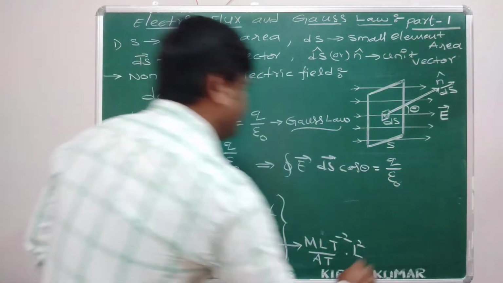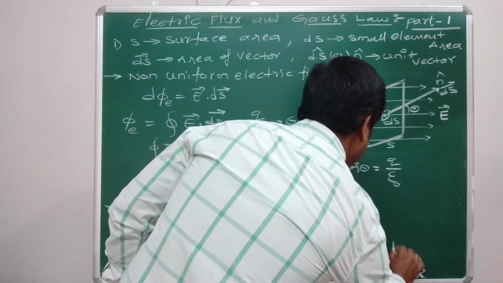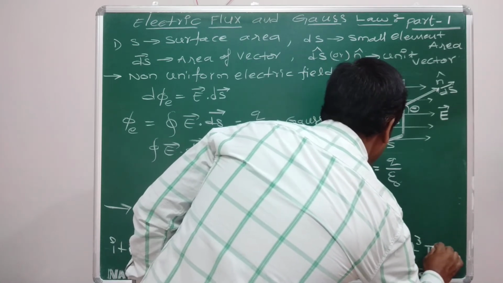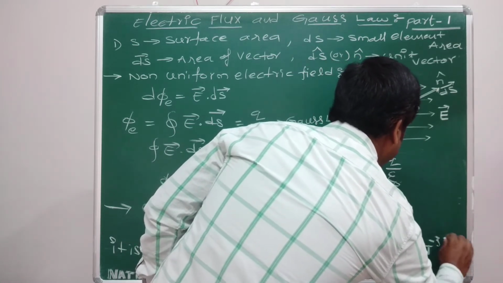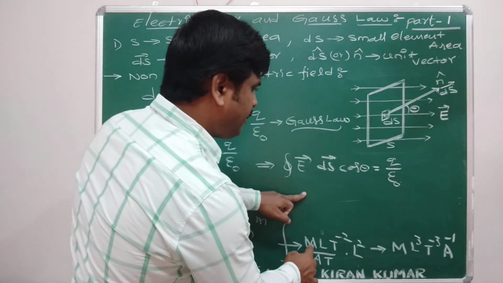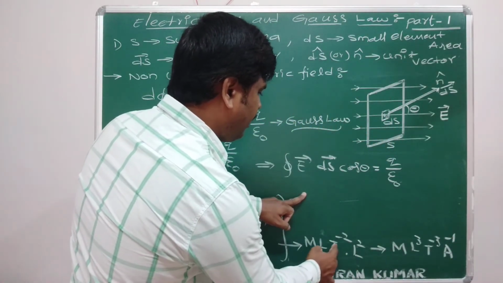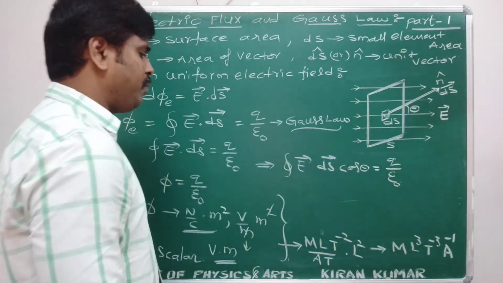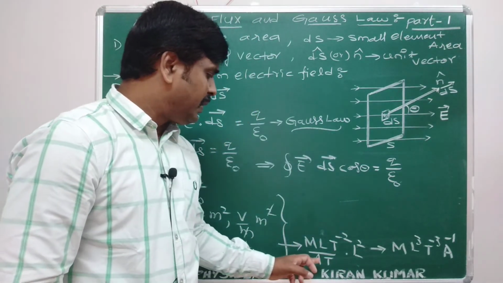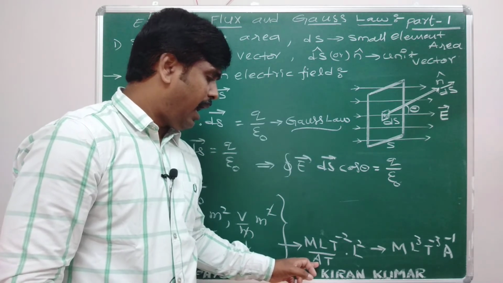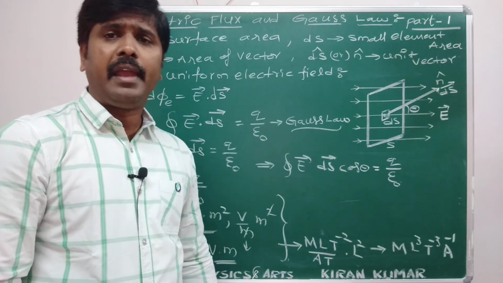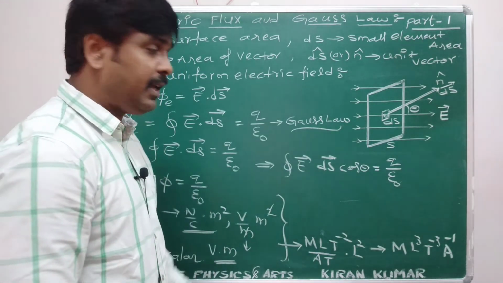So we can write the dimensional formula finally as M L cube T to the power of minus 3 A to the power of minus 1, that is M L to the power of 3 T to the power of minus 3 A to the power of minus 1. Here Q is equal to A T, where A is the ampere and T is the seconds. I is equal to Q by T, so Q is equal to A T.